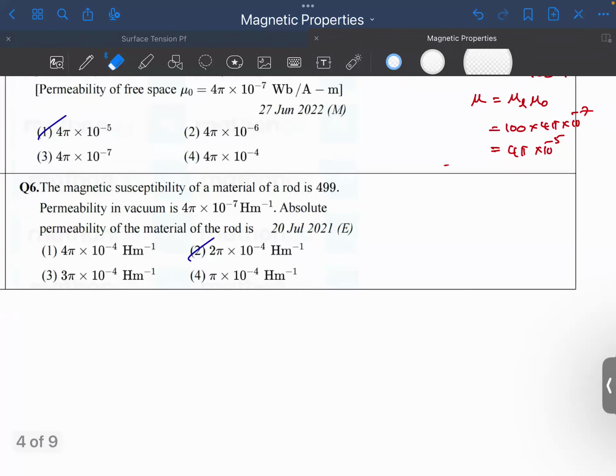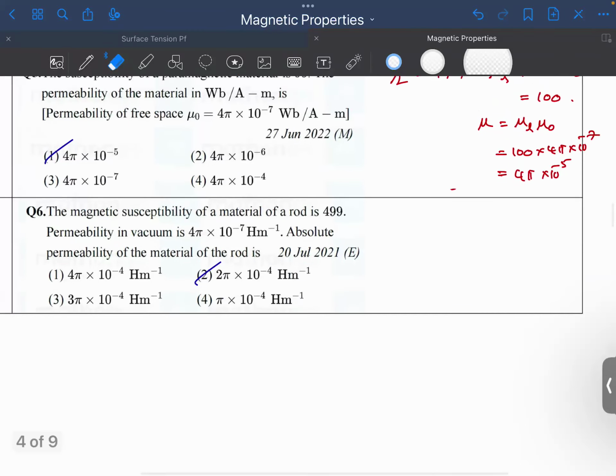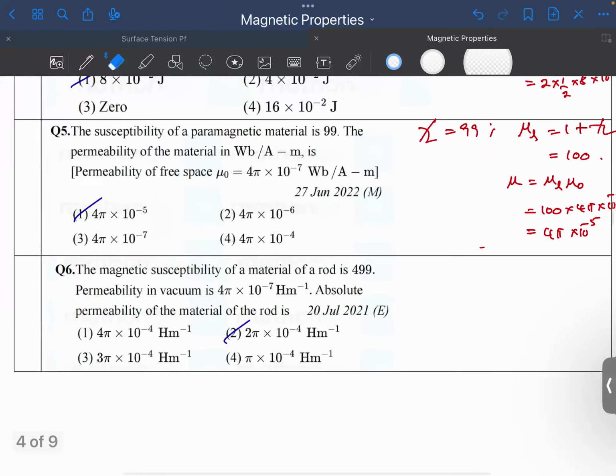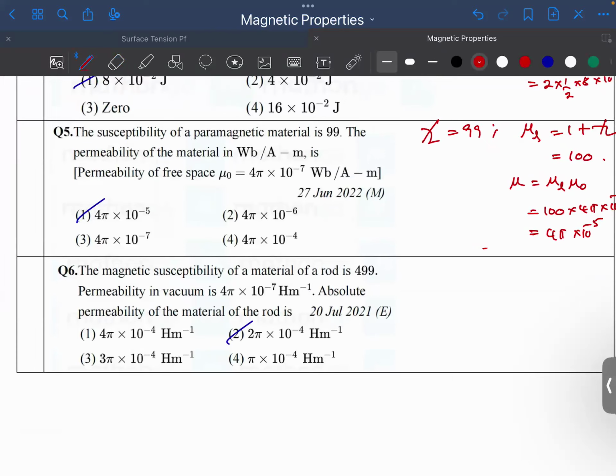Magnetic susceptibility of a material. Mu relative is 1 plus 499. This is 500. Okay. Permeability in vacuum, mu naught. Mu is equal to mu r times mu naught.